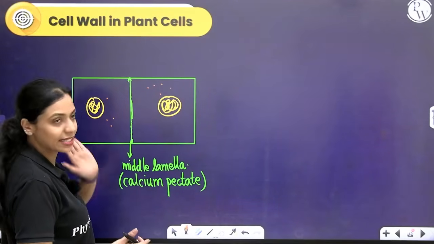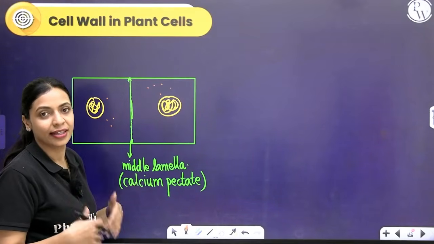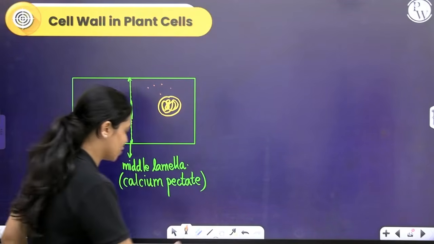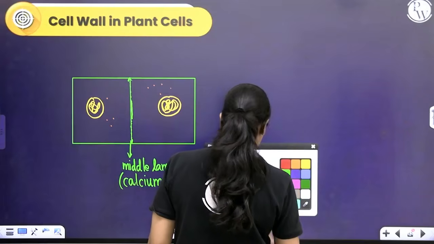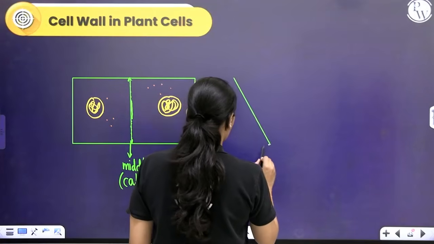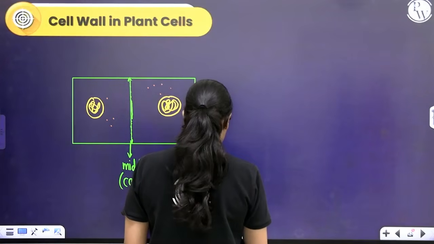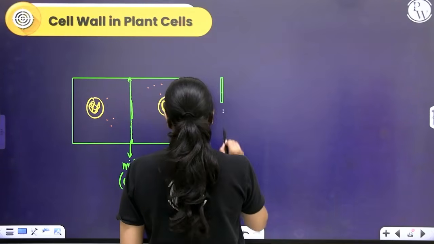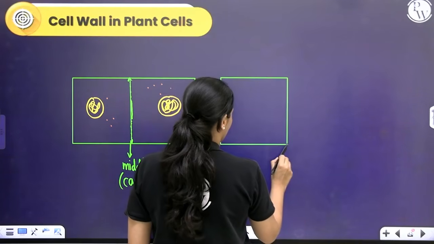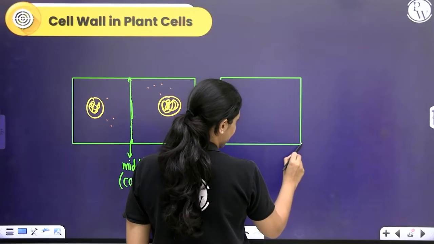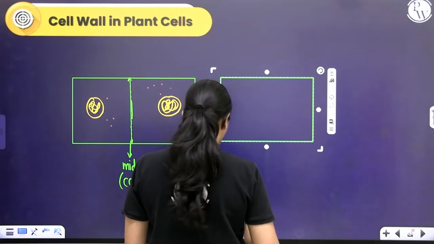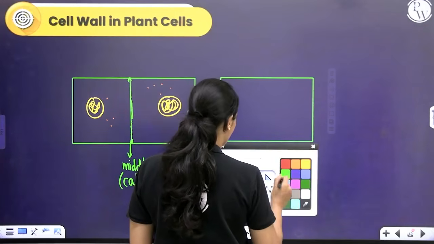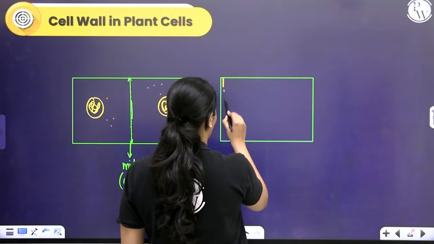So, it's only towards the inside that newer wall layers can form. Alright, so let's take this one cell right now. It has just formed. It is a baby cell. Right now, all it has is the middle lamella made up of calcium pectate. Now, this cell is growing in size. As it grows in size, it will start synthesizing a layer of primary cell wall inside.